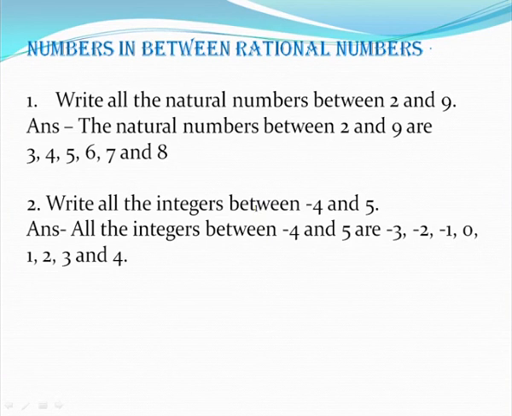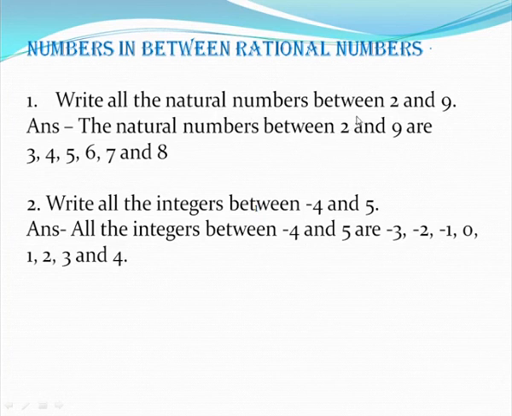On page number 36, some questions are given below the heading Numbers in between rational numbers. Here the first question is: write all the natural numbers between 2 and 9. Children, you all are aware of natural numbers. Natural numbers start from 1 and go up to infinity.